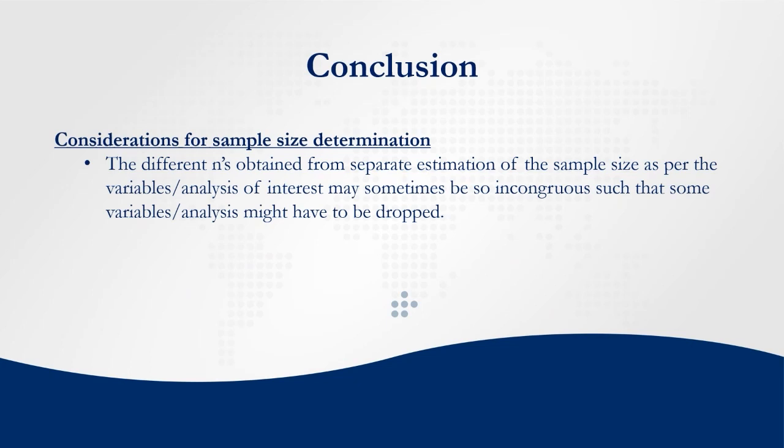And they are just not in sync, such that you now have to see, can I keep all of them? If I keep all of them, it means I will go with this big sample. Do I have the resources, or do I let this variable go? Or yes, I keep it, but it's no longer going to be a key variable. Those decisions.